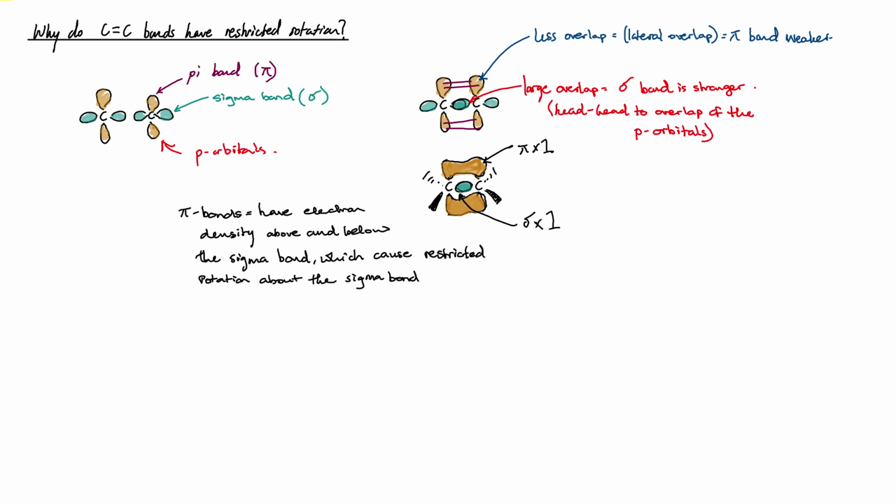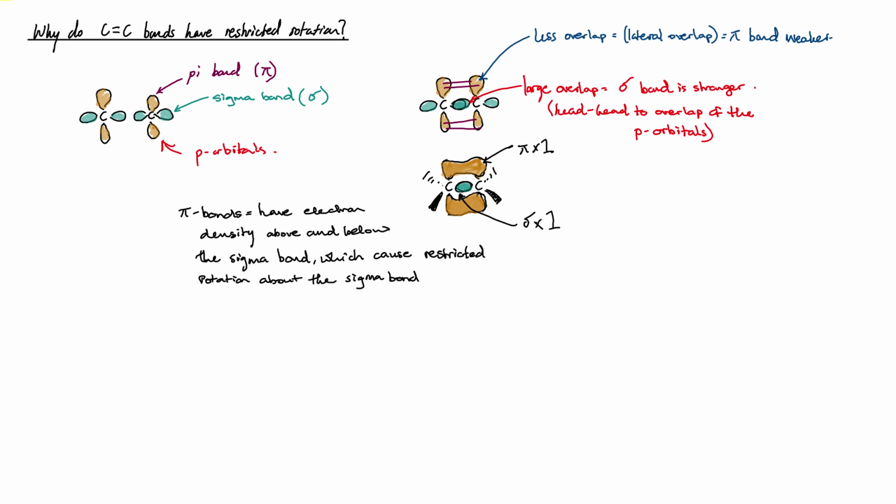But what it also does, and this is something that we'll look at in later videos, is because the pi bonds are so exposed, that's the first thing anything will react with, and the overlap is very small, and that makes it a weaker bond. It makes it very reactive with electrophiles.